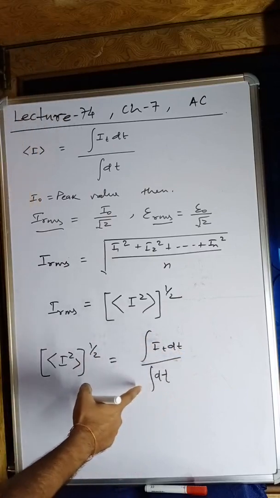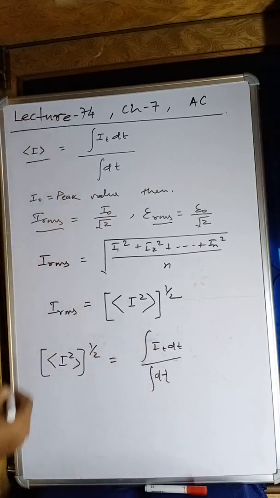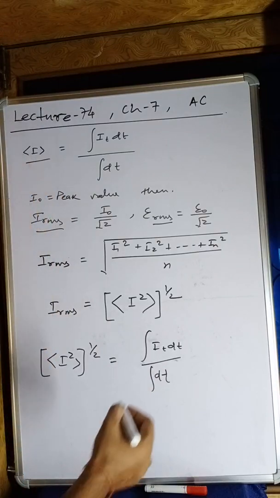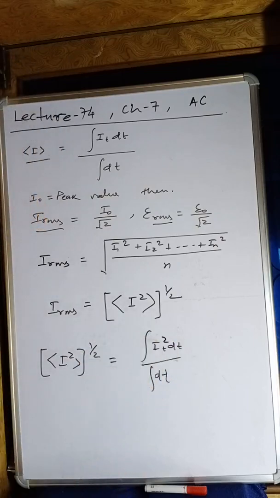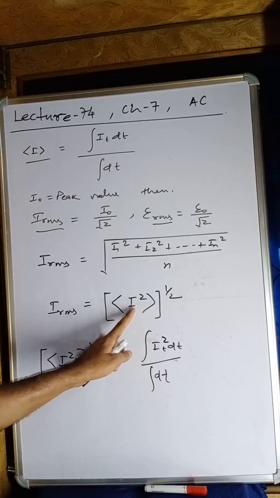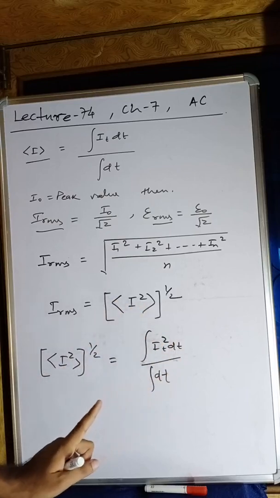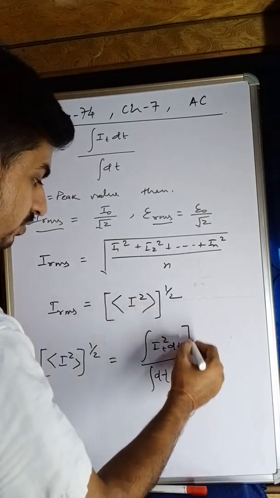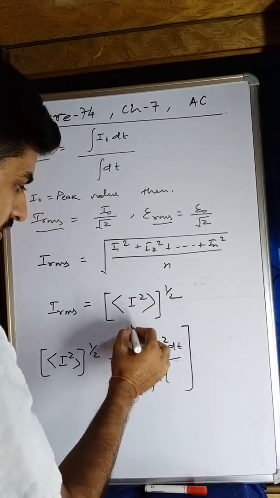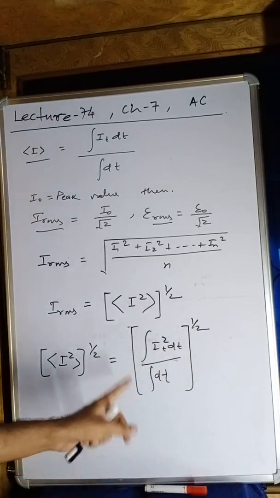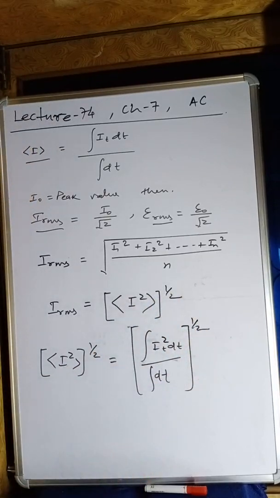What is this one? This one is the average. If I put I square dt over dt here, then it will be the I square average. Am I right? Yes, this will be the I square average. Now if I put a root over here, then it becomes IRMS. So this is another form of IRMS.